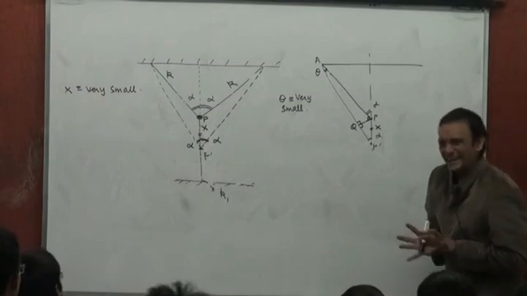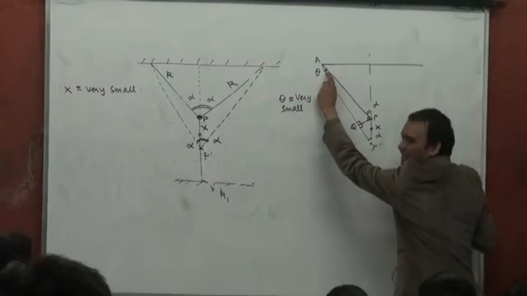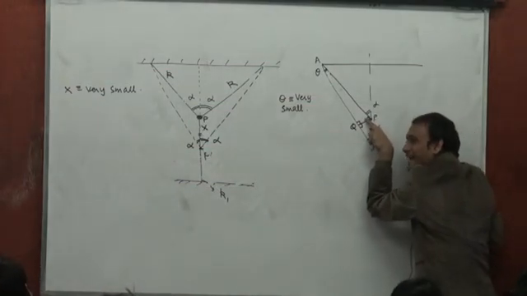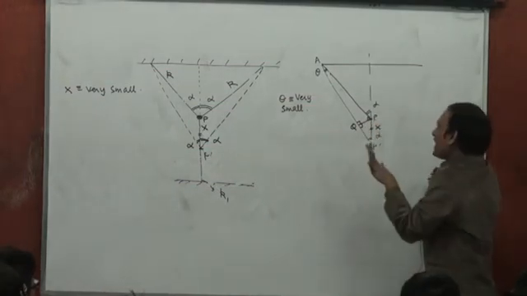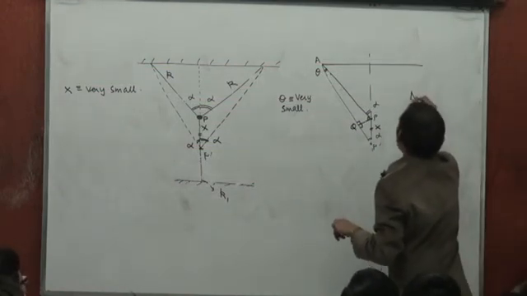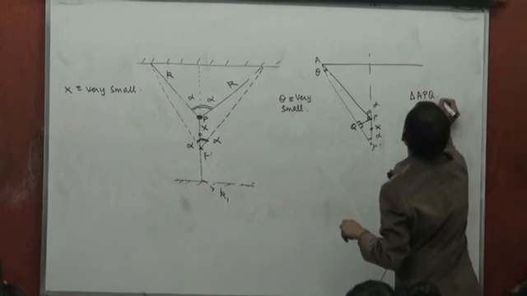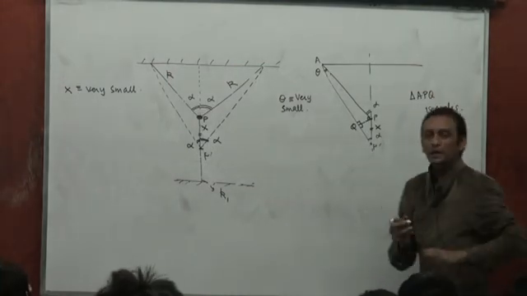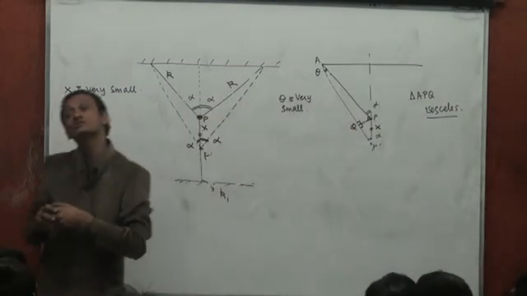APQ will almost be an isosceles triangle. This is theta equal to 0. And if this is 90, this angle will also be almost 90 degrees. Yes or no? So APQ would be almost an isosceles triangle.